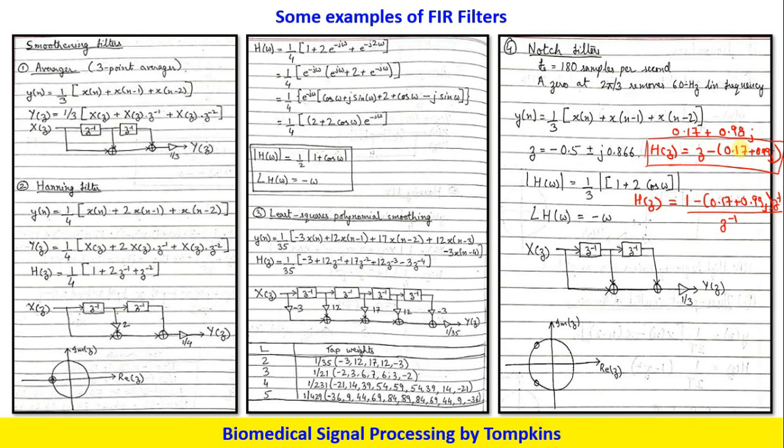Then you have to find out the phase response and amplitude response. I told you about the designing of the filter. H(z) is equal to z minus, I think, 0.17 plus j of 0.98, right? So this was the transfer function I told you, and I was waiting for your responses.